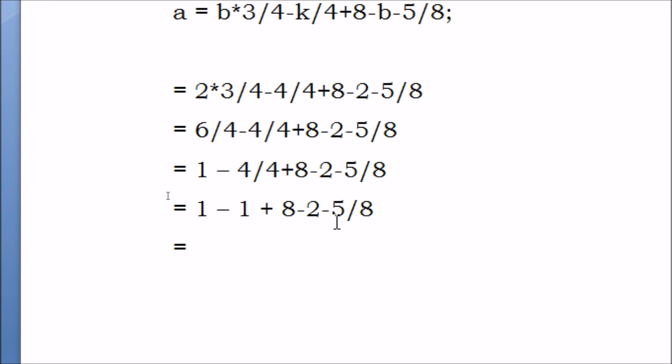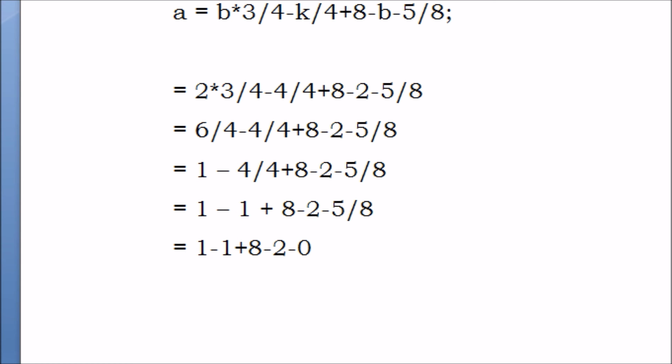Then comes this division operator, okay, so I'll write 1 minus 1 plus 8 minus 2 minus 5 divided by 8, which is again integer divided by integer, and it is going to be 0, okay? As you know, it is 0 point something, so we'll not take that decimal portion, we'll place the integer portion 0.